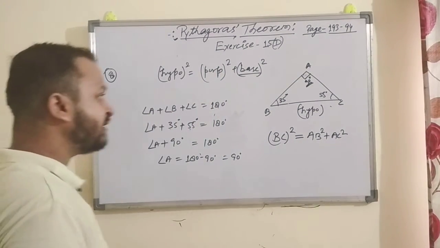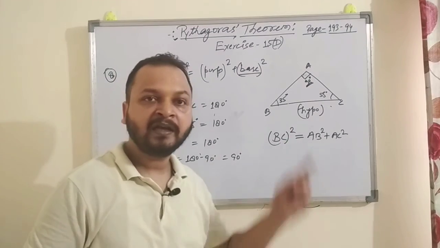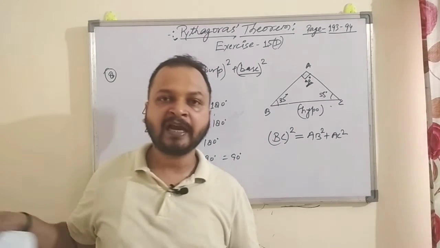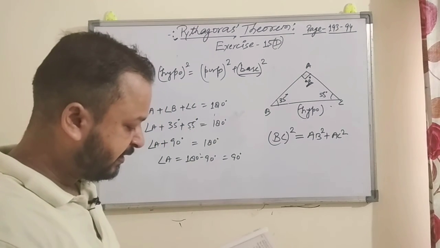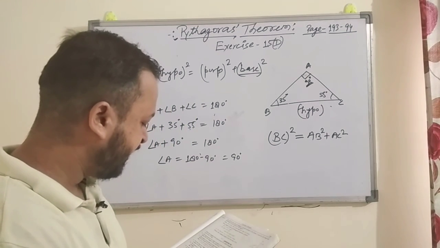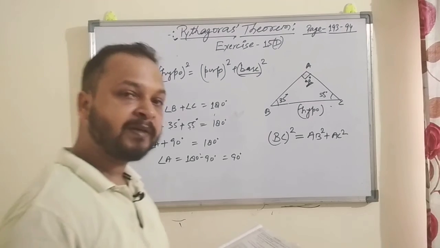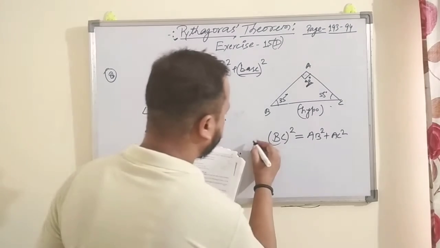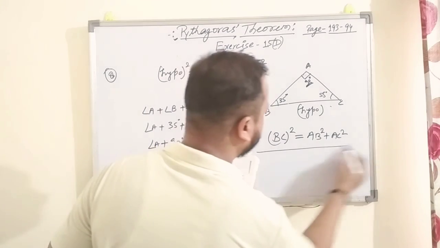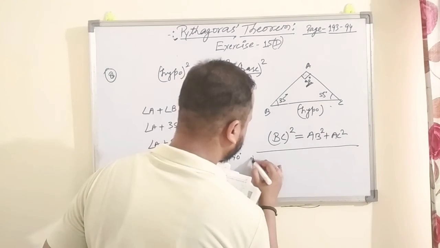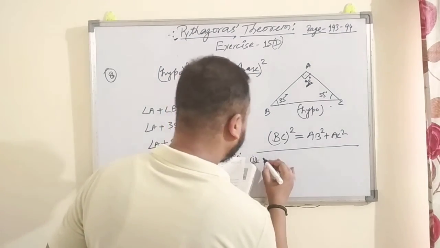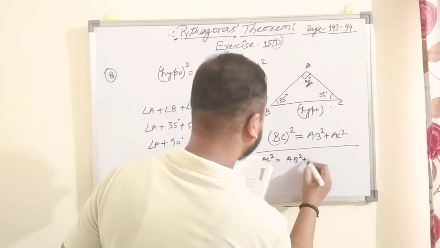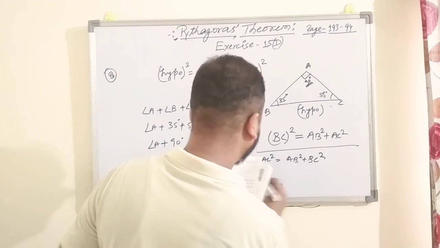The question says this figure is given and three options are given, and asks which option is correct. The first option is AC square is equal to AB square plus BC square.